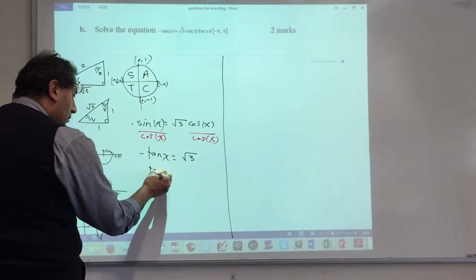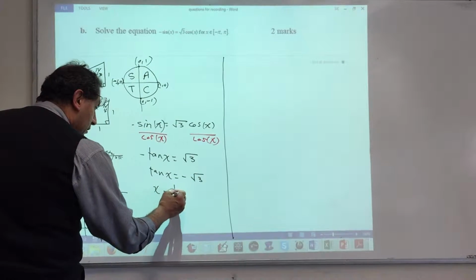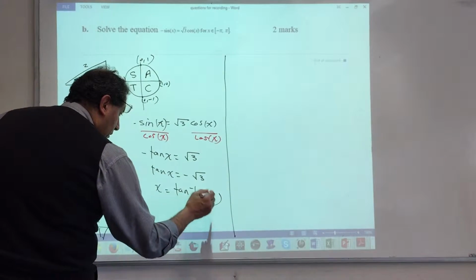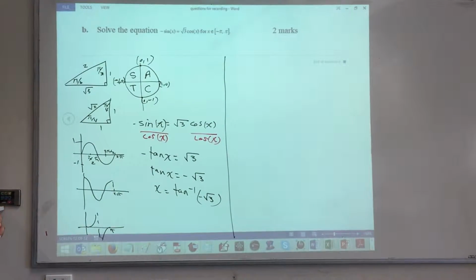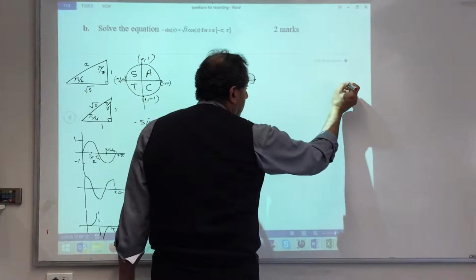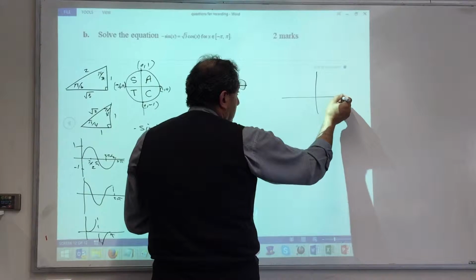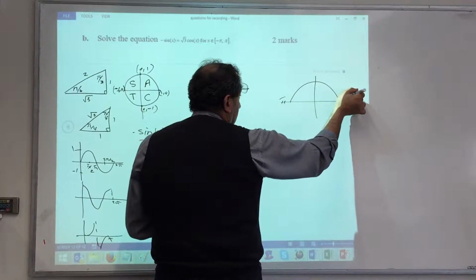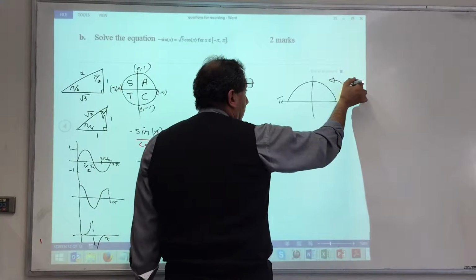Tan x equal to minus √3, x equals inverse tan of minus √3. Now, for inverse tan of minus √3, tan is negative from 0 to pi in the second quadrant. And this is the positive direction of measuring the angle, anti-clockwise.